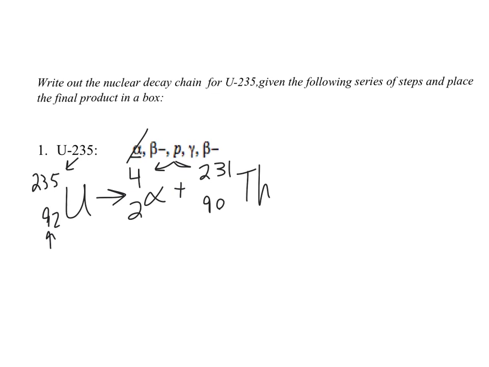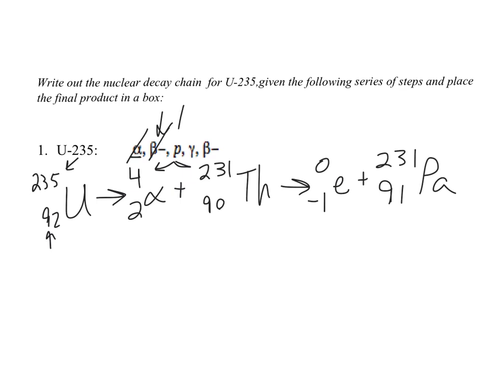Then you're going to do another one. The next one is a beta decay, because that's the next one in our list. So we're going to spit out a 0, -1, which doesn't change our mass, but does change our atomic number. There's step 2. Next, we're going to do a proton decay. So we're going to spit out a proton and change our mass accordingly. Back to a thorium.